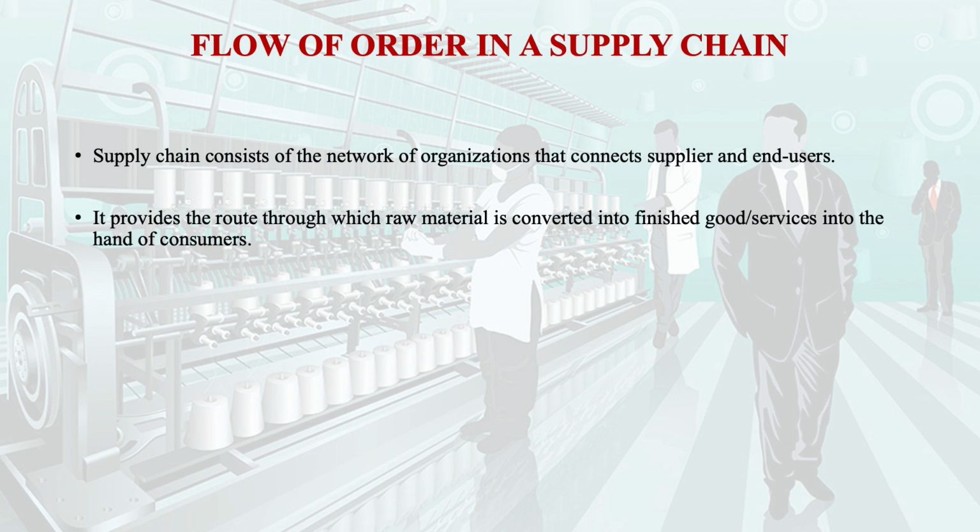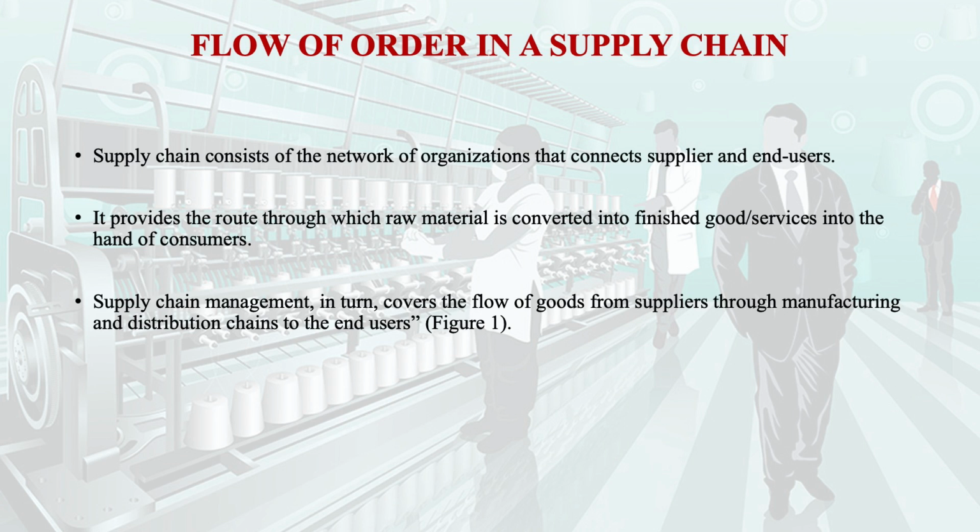It provides the route through which raw material is converted into finished goods and services in the hands of the customer. If you recall the picture I have shown you, managing the flow of goods from supplier through manufacturing and distribution to the end customer is nothing but supply chain management.